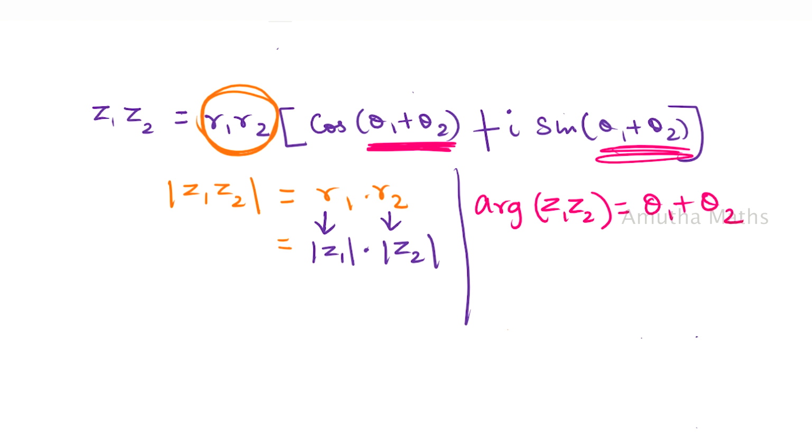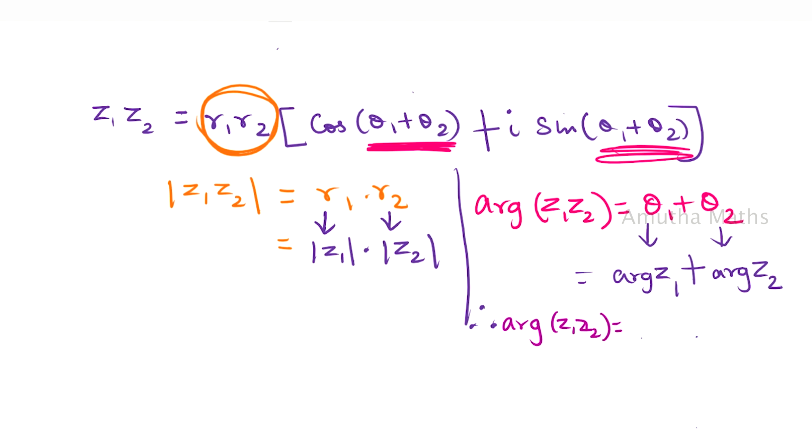Now what is this theta 1? Theta 1 is actually the argument of Z1. We have seen already. Plus what is this theta 2? That is the argument of Z2. So therefore we get argument of Z1 Z2 is equal to argument of Z1 plus argument of Z2.